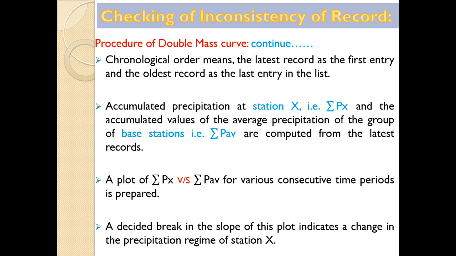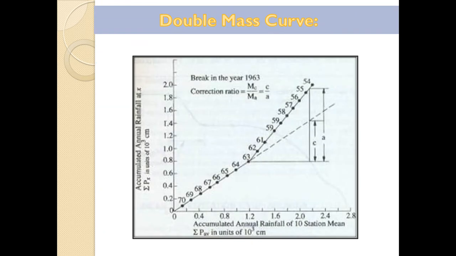A plot of summation Px versus summation PAV for various consecutive time periods is prepared. A decided break in the slope of this plot indicates a change in the precipitation regime of station X. So after plotting this data, here summation PAV versus summation Px is plotted.